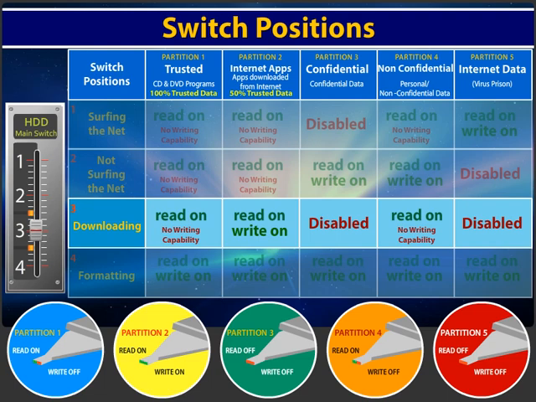Applications downloaded from unreliable sources will be saved on the Internet Applications partition. But before we run them, the main switch is pushed back to either position 1 or 2. Finally, at this position, viruses are harmless against any application stored on trusted partition or net application partition because these partitions are in a read-only mode.